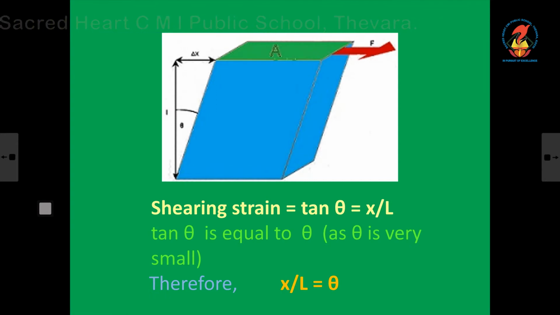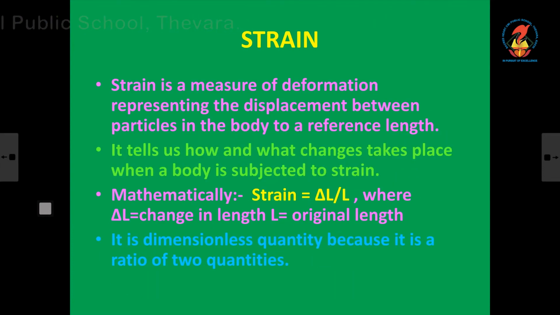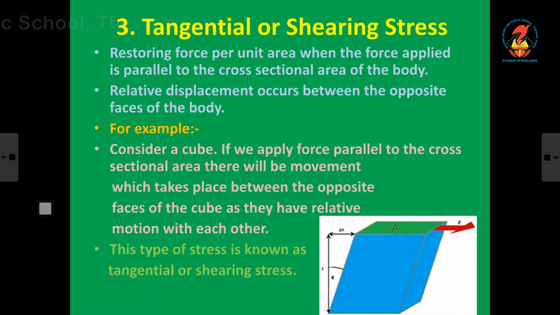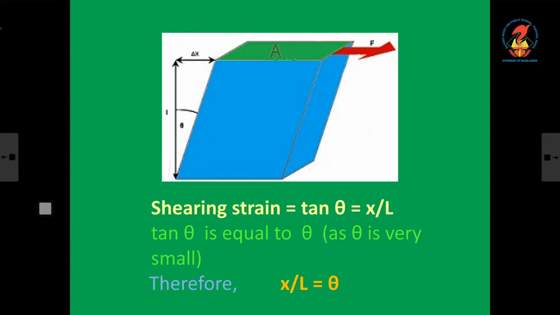This is the figure that we did in the previous shearing case. The same figure I am taking for the explanation. See, I applied the tangential force. So there is a relative displacement between the bottom and the top portion.